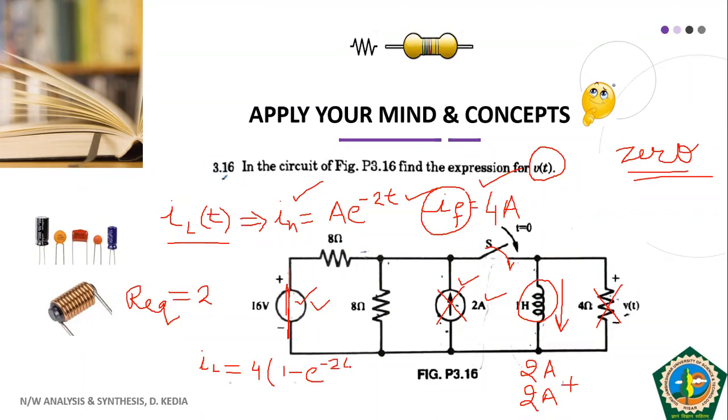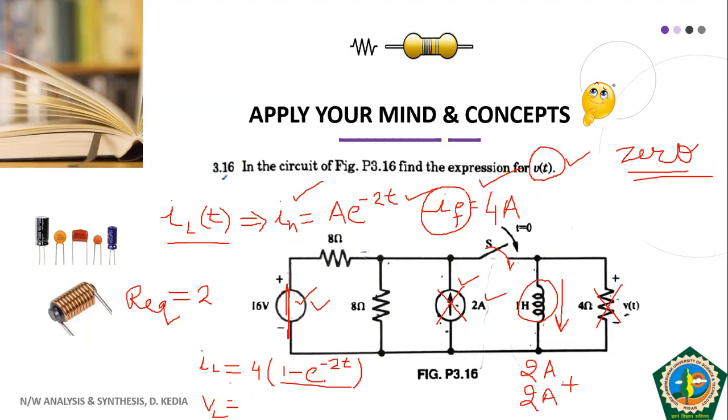So this is the value of ILT, and we need to find out VLT, and that VLT will be equal to VT. So we will simply apply VLT is equal to L di by dt. So what is the value of L? That is 1. This 4 is common. And if you differentiate this, you will get the value as this 1 will be 0.